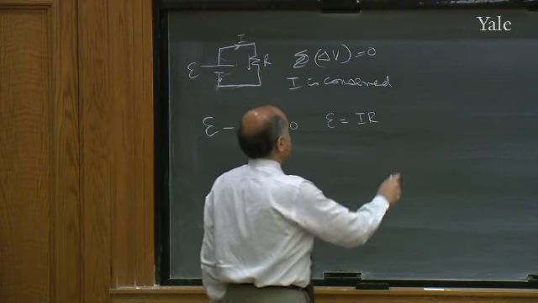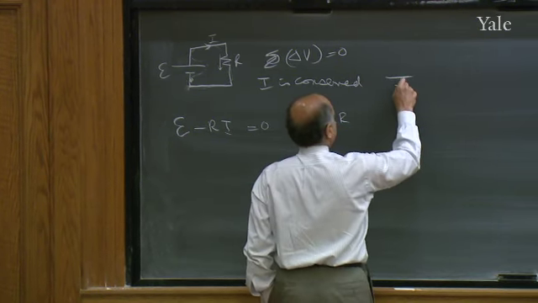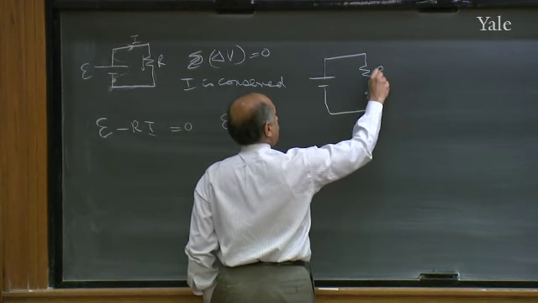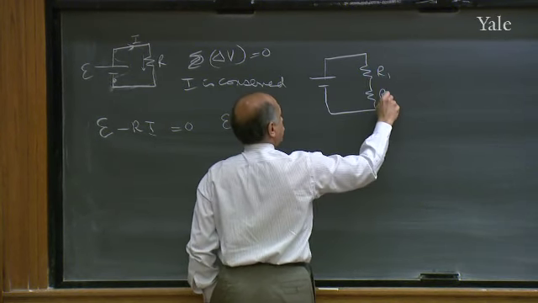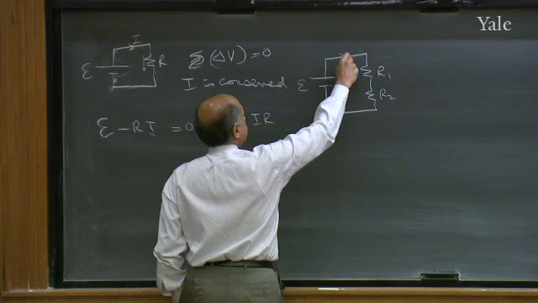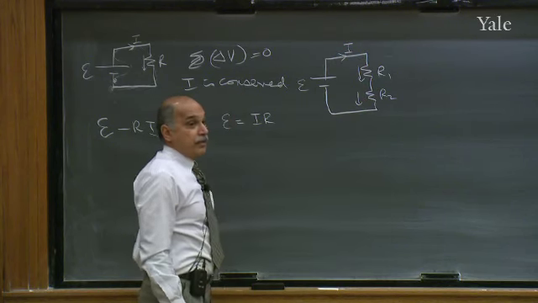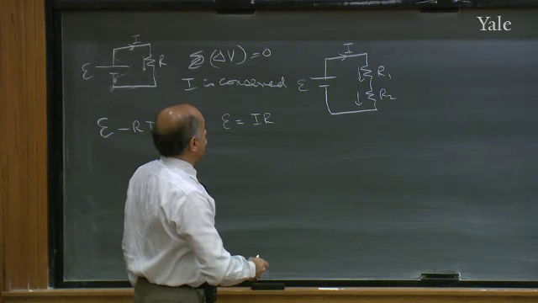Then we're going to do a more complicated problem. One resistor, second resistor, R1, R2. Again, if you apply an EMF here, that current is going to go through this guy and that guy, and it's the same current because it has nowhere else to go.